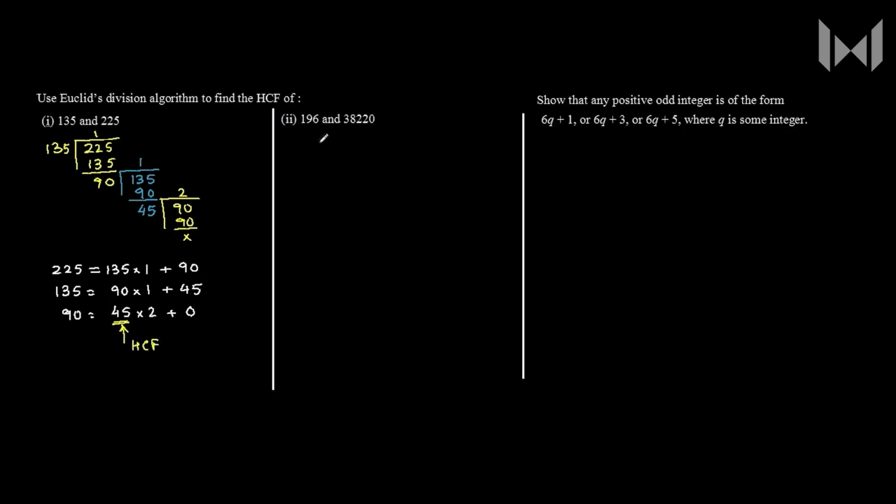In a similar way, we shall go on to find the HCF for 196 and 38220. So we start the same way. 196, we have 38220. First it goes one time, so it's 196. We are left with 186.